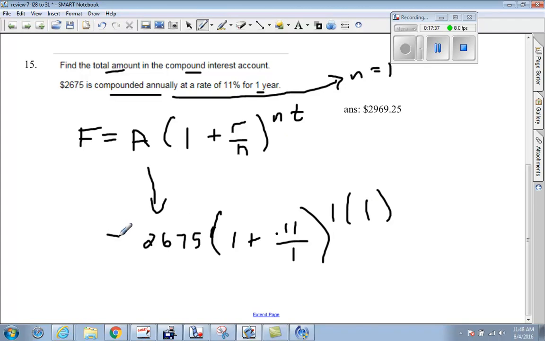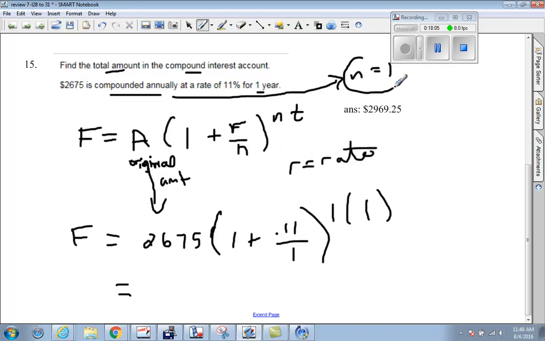So it's really this question of how much is going to be in there after a year. Now, from the guided notes, you recall that, and let me just fill in the blanks here. So A for original amount, R for rate, just kind of making notes to self, and N for compounding period, which is annually.